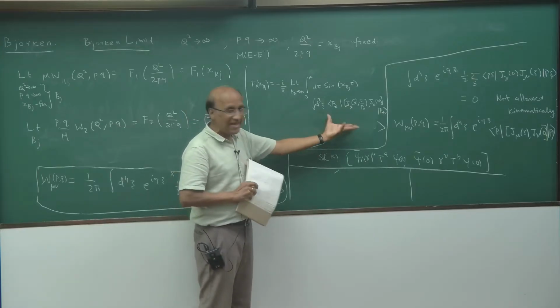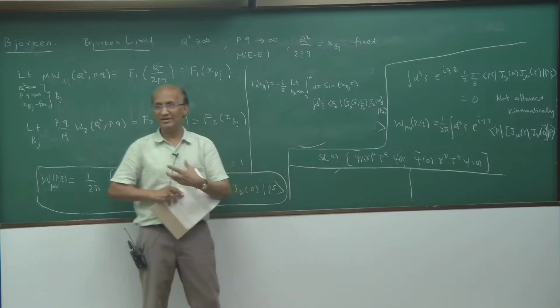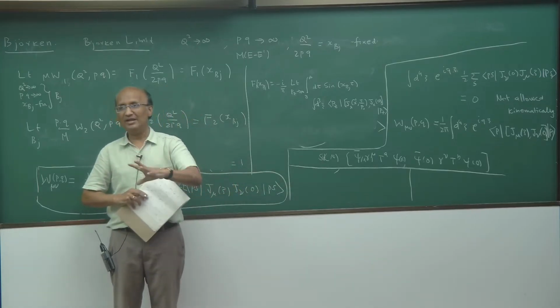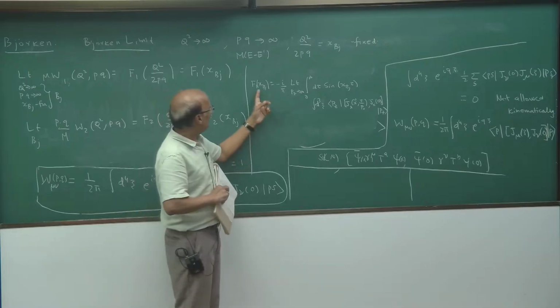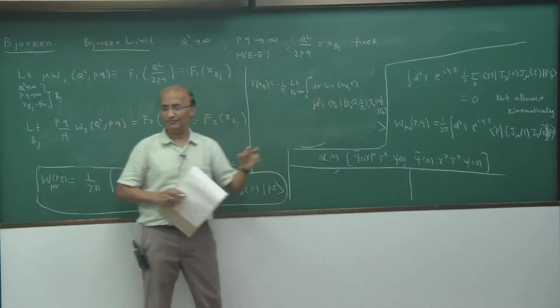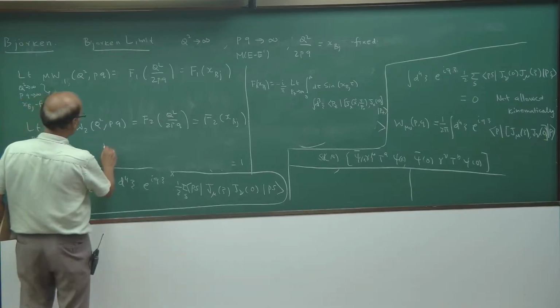You did not calculate anything, you just simplified the expressions in certain limits and showed that the result is only a function of xbj, nothing else. That in the literature is called the Bjorken limit, and the scaling is called Bjorken scaling.